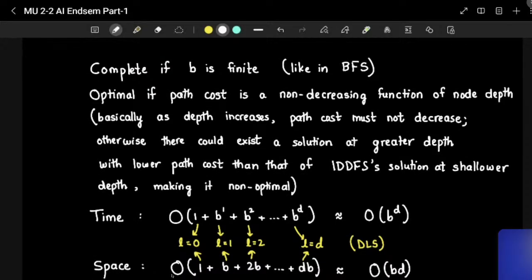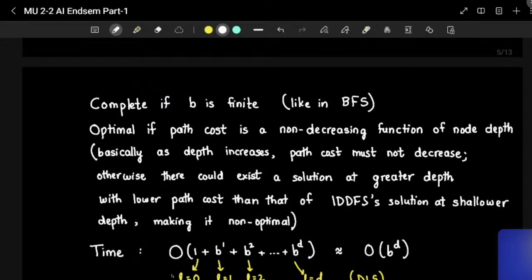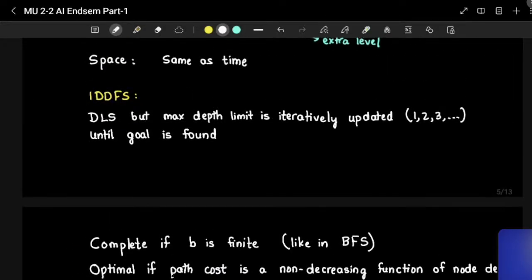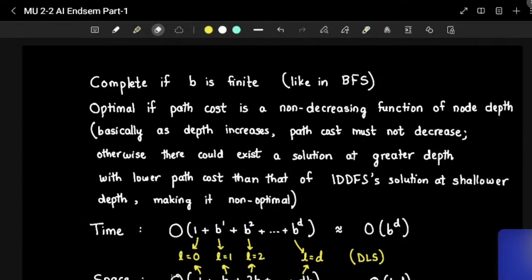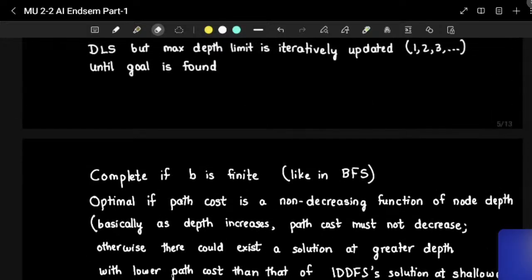When is this complete? How does this work? IDDFS will look like this. When the depth limit is 1, you will perform DFS on this. When the depth limit is 2, you will perform DFS on this. That's how it goes. Again, if b is not finite, then the DFS will keep going on.